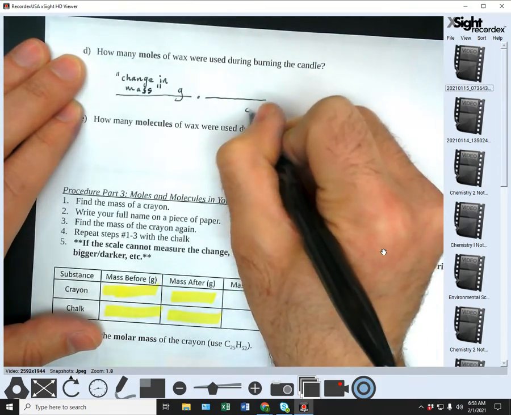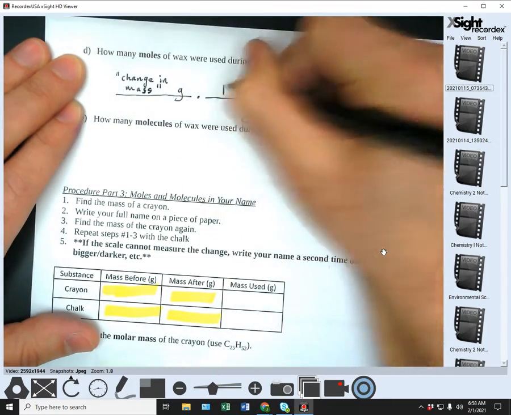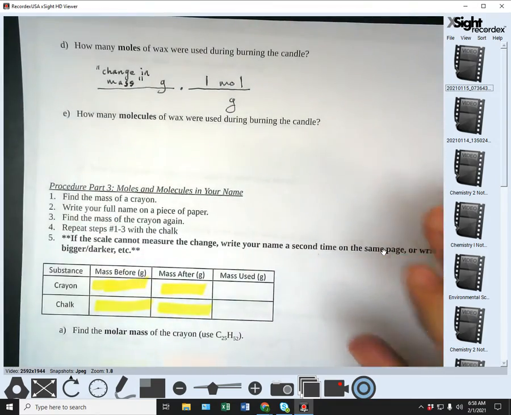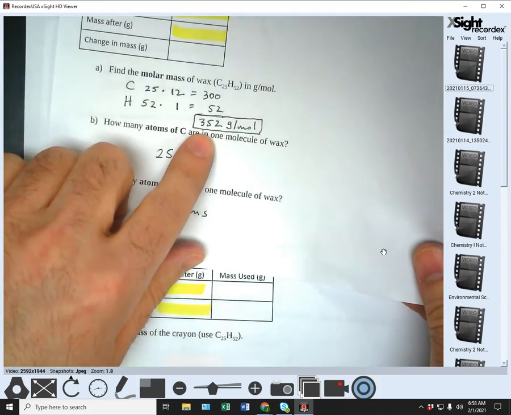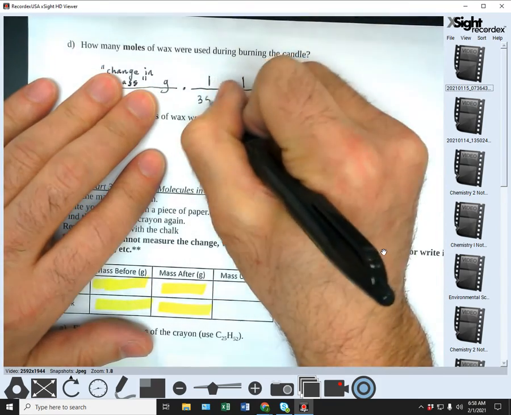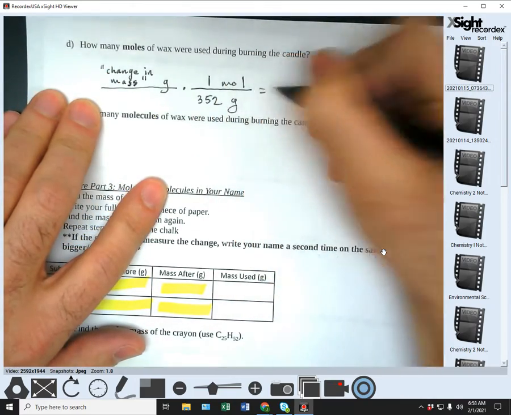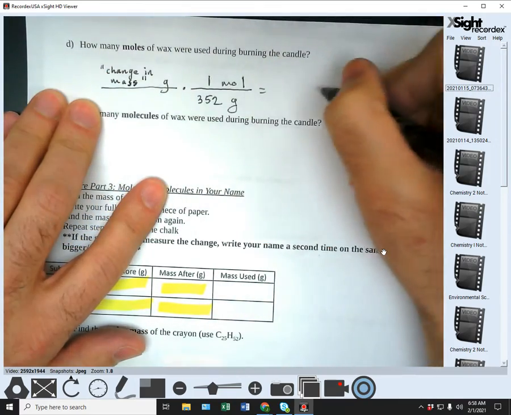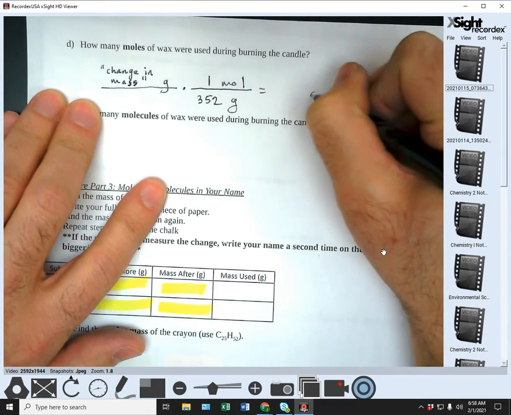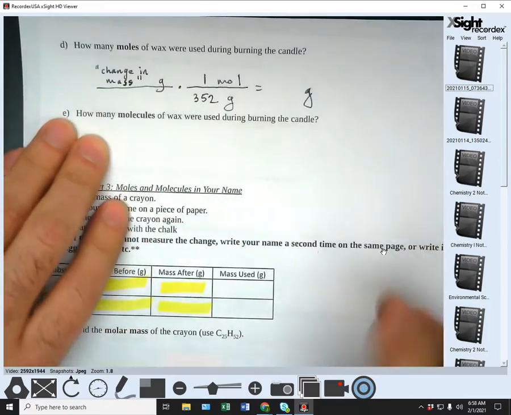So grams on the bottom, moles on the top. It's 1 mole for the molar mass, which we already figured out over here. The molar mass is 352. So that's 352 grams per 1 mole. Okay, you just do the math and you get your answer in grams. This divided by that. Okay.